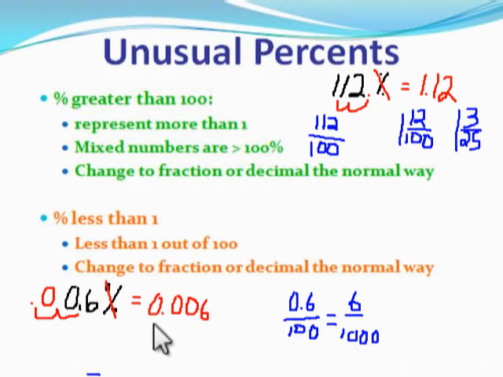Well, let's look at our decimal. What is this? It is 6 thousandths. That's what I have, 6 thousandths. Now, of course, I can simplify this. I could divide by 2, and I would get 3 over 500.